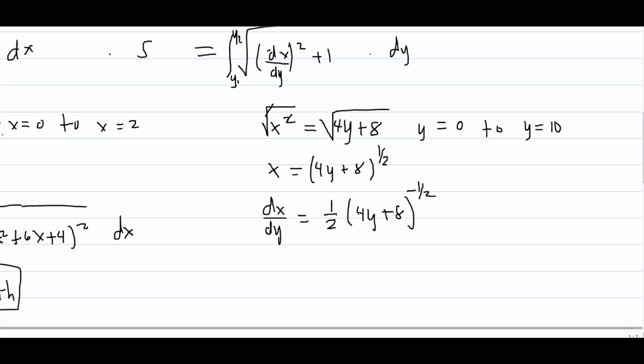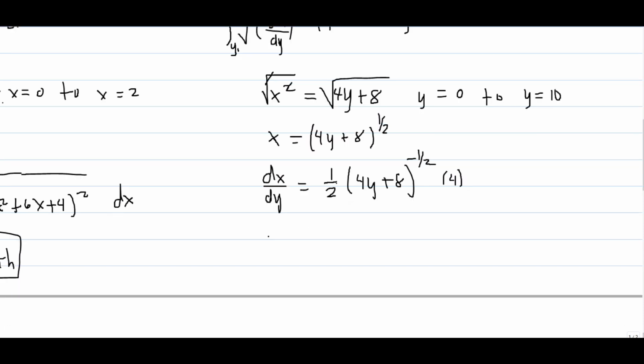Then we apply the chain rule, where the derivative of 4y plus 8 is 4. So dx over dy is equal to 2 times the quantity 4y plus 8 to the power negative 1/2.